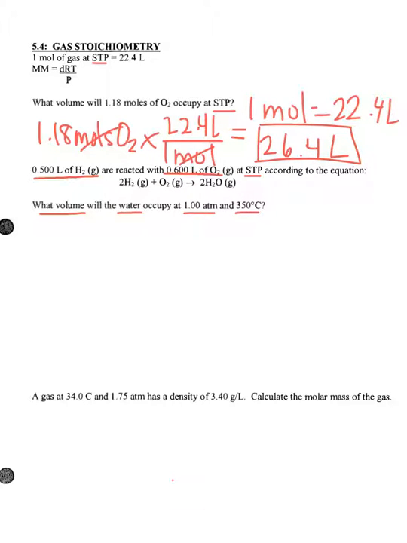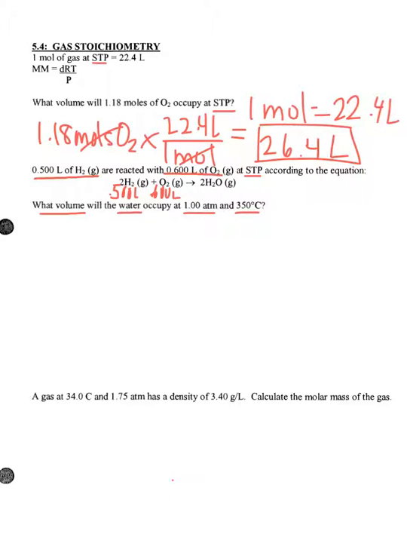So if you notice here, we're given 0.5 liters of hydrogen and 0.6 liters of the oxygen. So notice here we are given quantities for both reactants. So if we are given quantities of both reactants, then this is a limiting reagent problem.